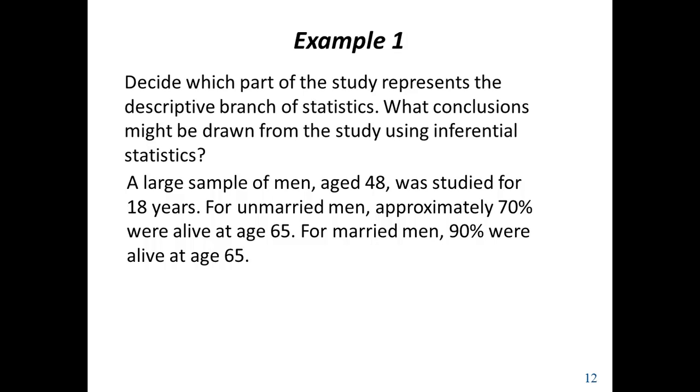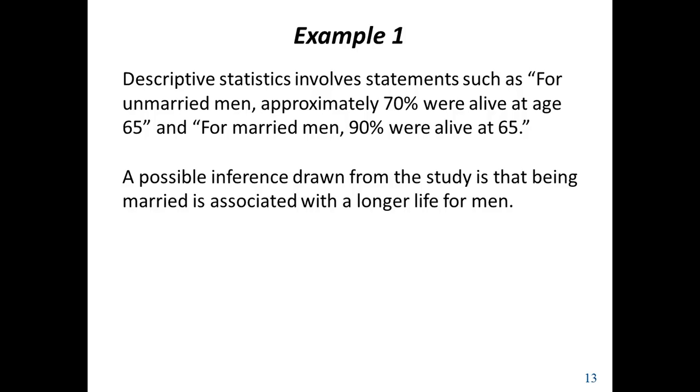However, the inferential statistics is that married men live longer. So in the first paragraph we have the descriptive statistics, and then we have the inferential statistics on the second paragraph, that based on this study married men is associated with longer life.